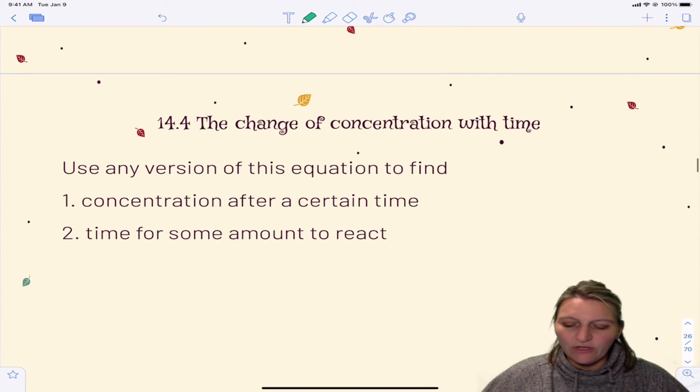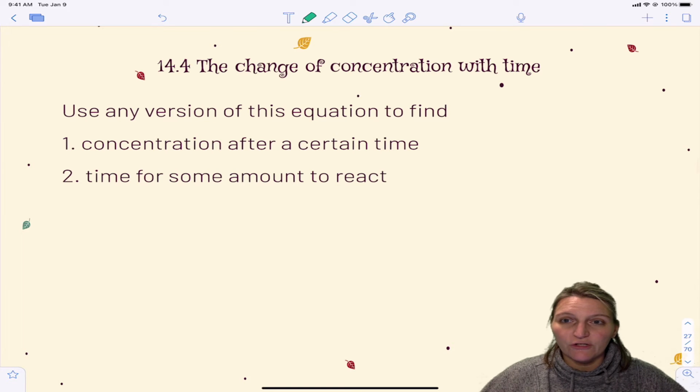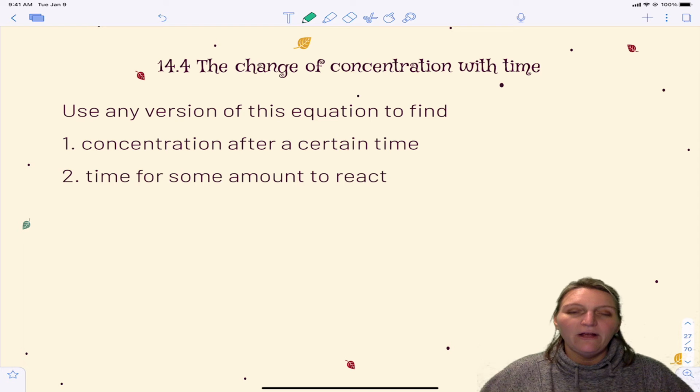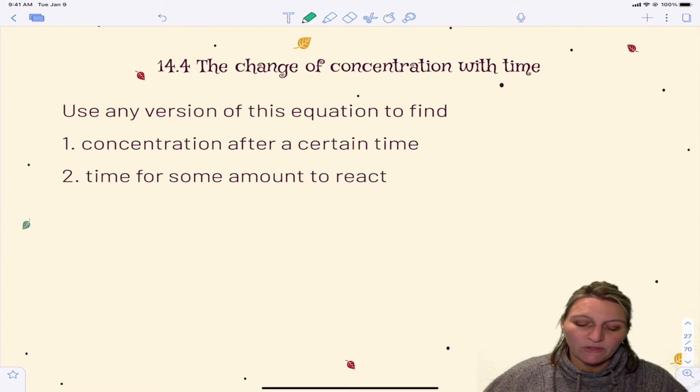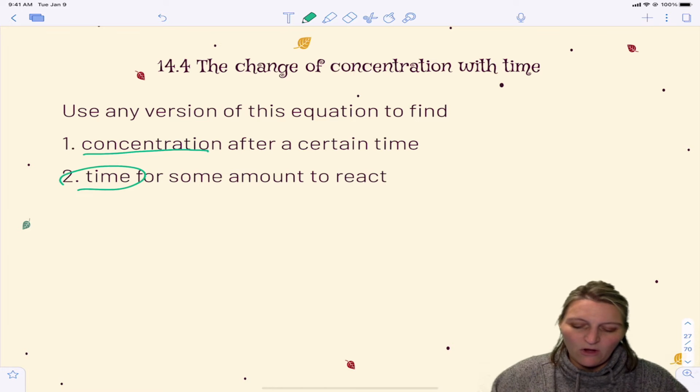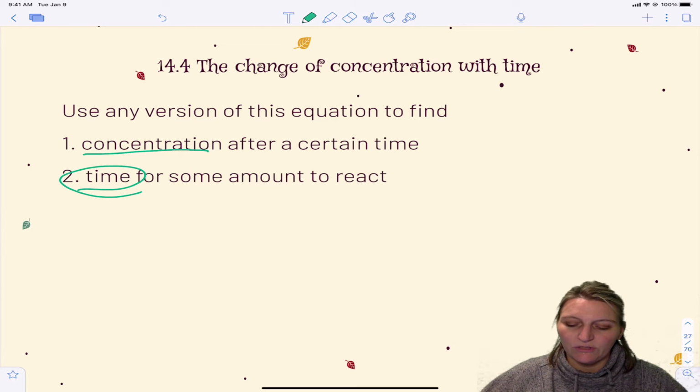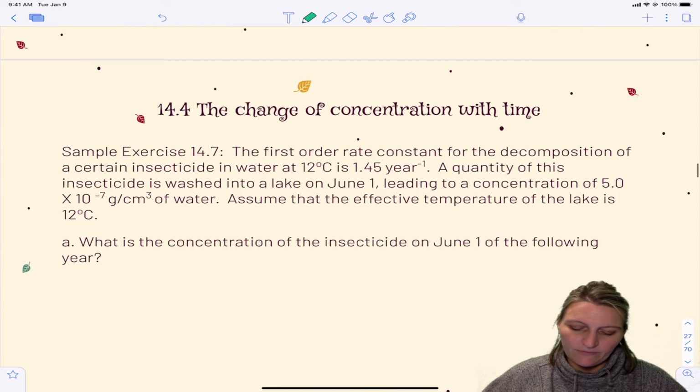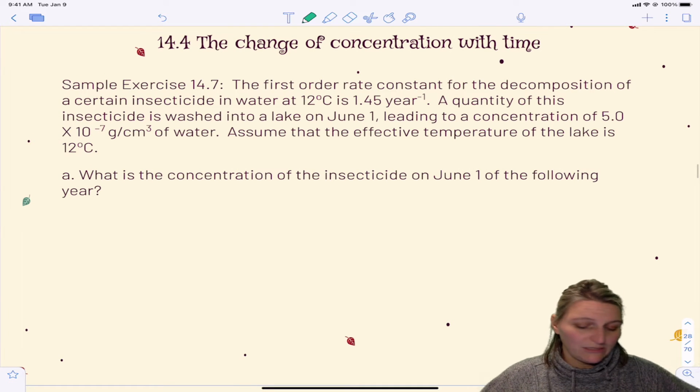So we will just choose whatever version makes most sense depending on what the question is asking us. All these problems are either going to be asking us to find the concentration after a certain time, or the time it takes to get to a certain amount. So let's just do a whole bunch of these sample problems here.